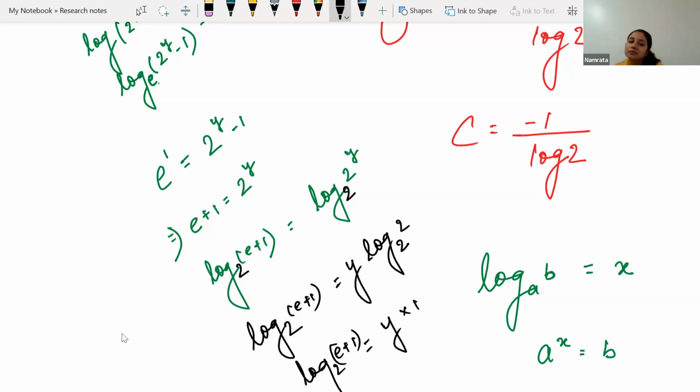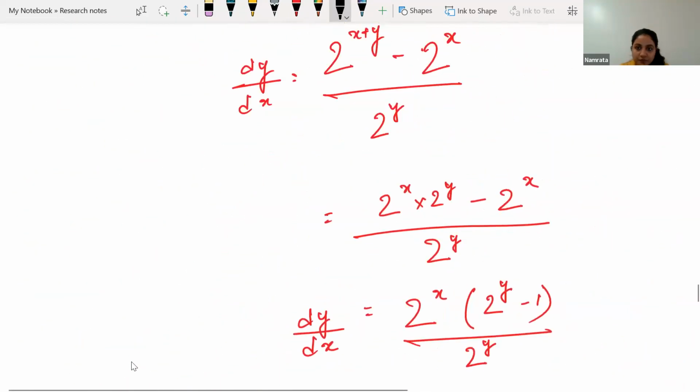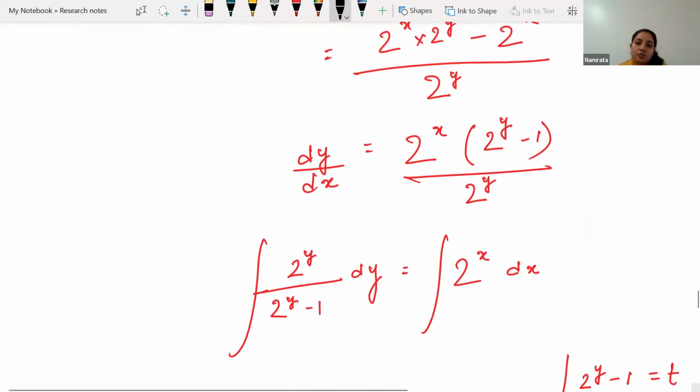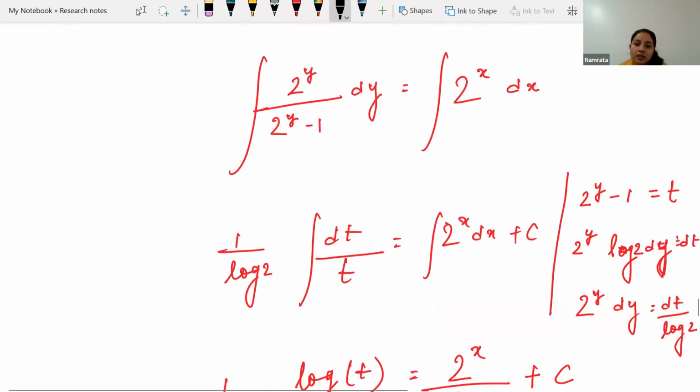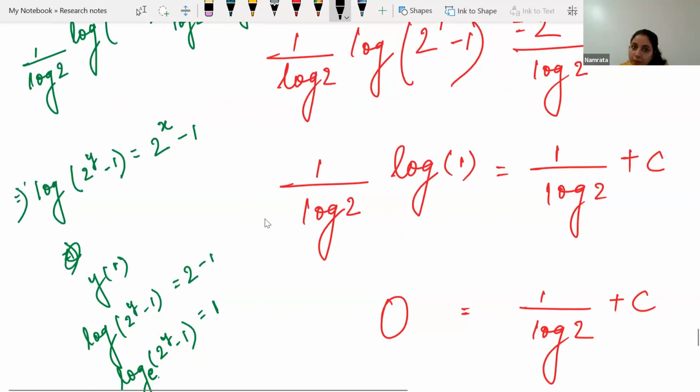So we got y equals log of (e plus 1) base 2. Option B is the correct option. The way we solve differential equations, same way we have solved it. At last, we just kept our eyes on the options and accordingly did the arrangement.